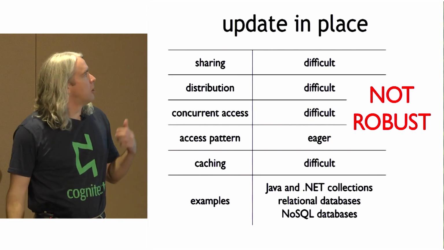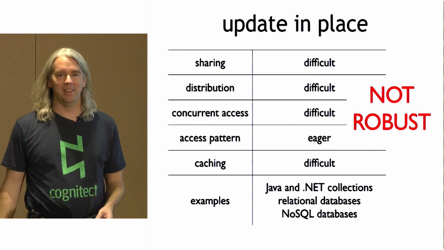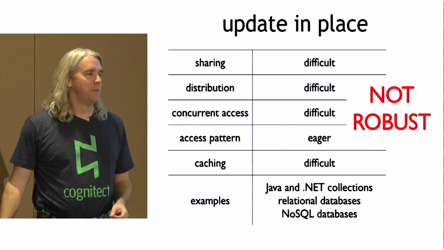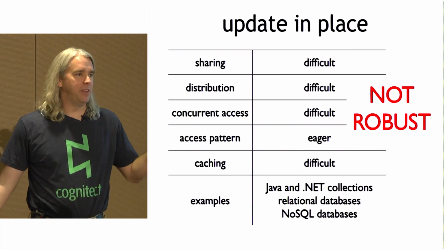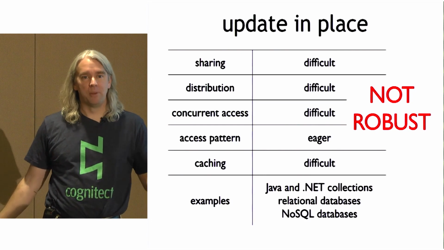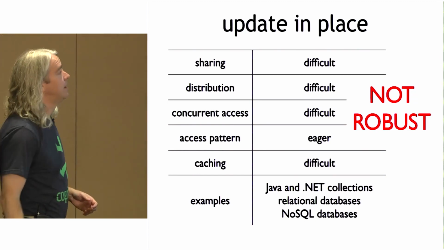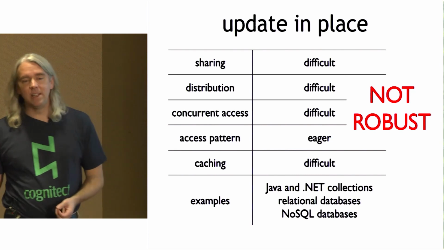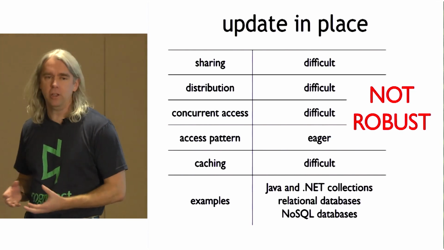Now when you start talking about things like cache coherency, well, cache coherency comes from things being able to change. If things can't change, what happens to cache coherency? Cache is always coherent. It either knows something or it doesn't, but you're fine. Likewise, concurrent access and access patterns are totally dictated by the fact that things could change on you.